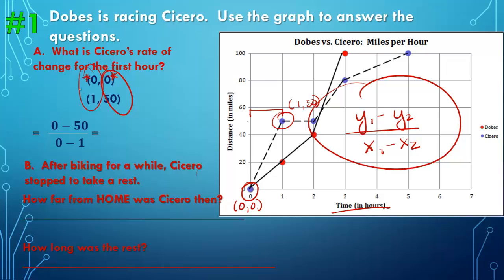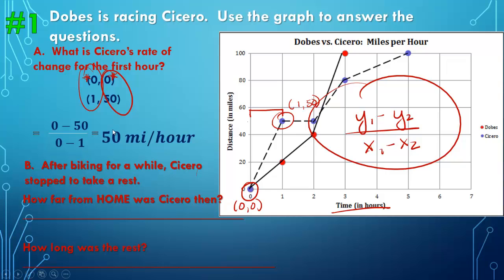So I'll do 0 minus 1. Remember, whatever you start with for the y's, you have to start with that same part of the coordinate pair for the x's. So that's going to give you negative 50 over negative 1. The negatives cancel out, which is 50 over 1, which simplified is 50 miles per hour. Okay. So that would be the answer to the first part of the question.